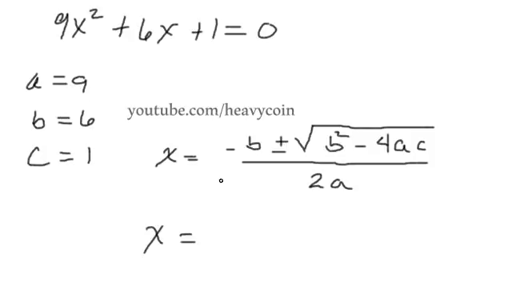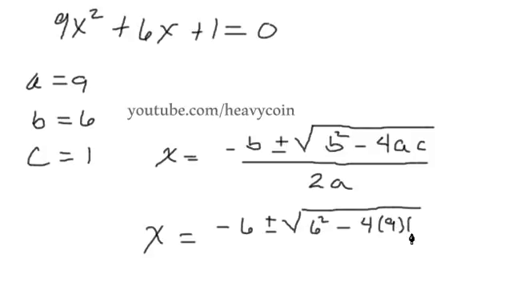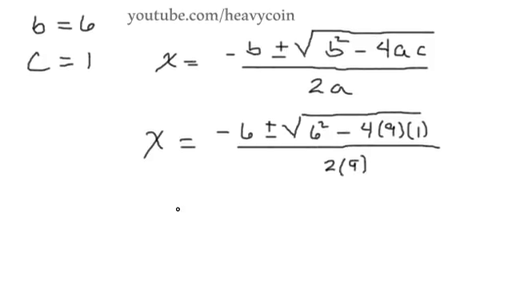So we have b is 6, we have negative 6 plus or minus the square root of b squared, so I'll just write 6 squared in here, minus 4a, and c is 1. It's all over 2a, which is 9. And of course, we just simplify this down. x is equal to negative 6 plus or minus the square root.